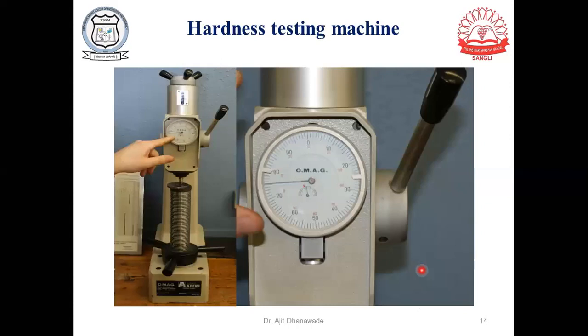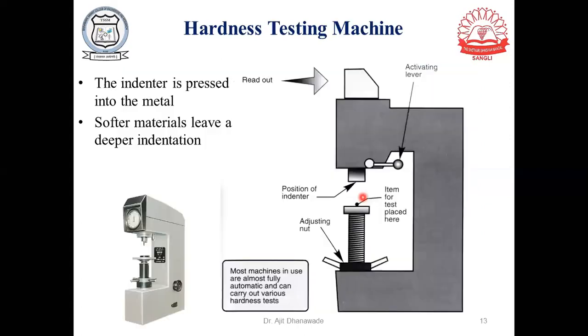During any hardness test, the specimen is kept on this particular small table, and it is raised against this ball, the indenter, which is fixed in this particular system.